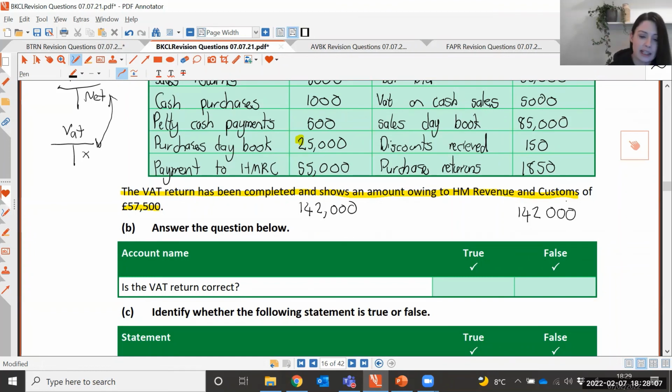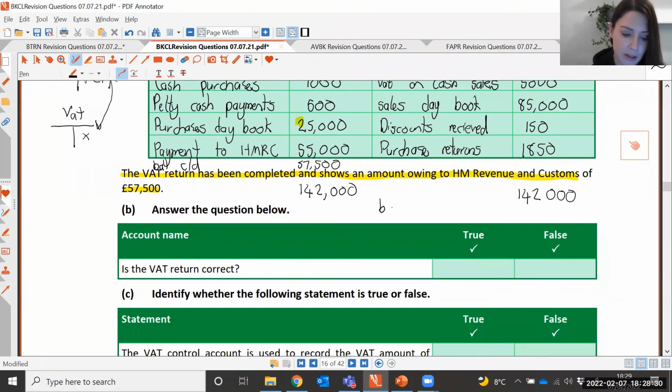And then on the lowest side of the account, we would need a balance carried down to make that side equal that total. So in this instance, the balance carried down, and then the balance brought down would start the next period on the credit side.